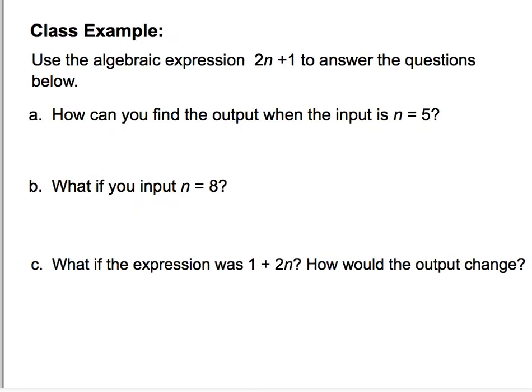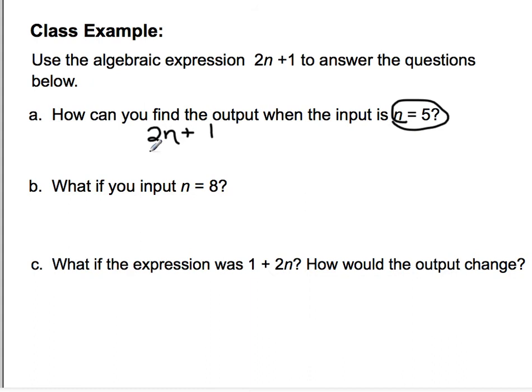So let's use the algebraic expression 2n plus 1 to answer the questions below. How can you find the output when the input is 5? Well, this algebraic expression says 2 times some number plus 1, and now I'm telling you that number is 5.